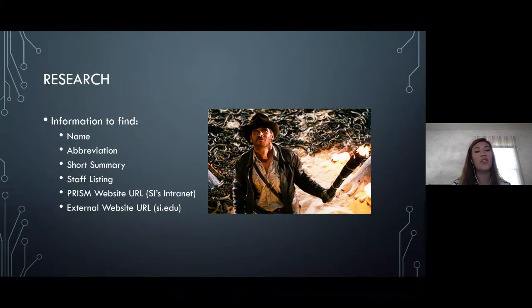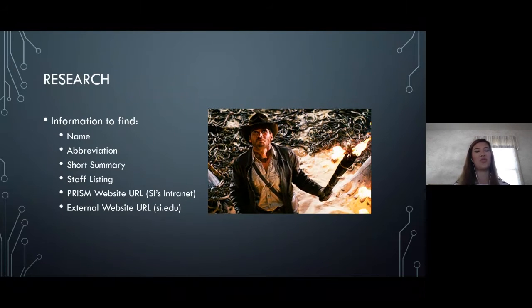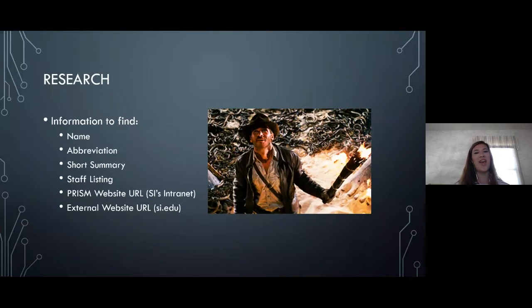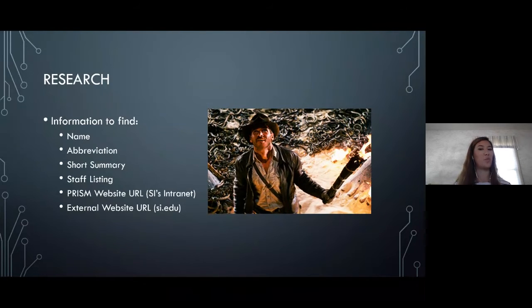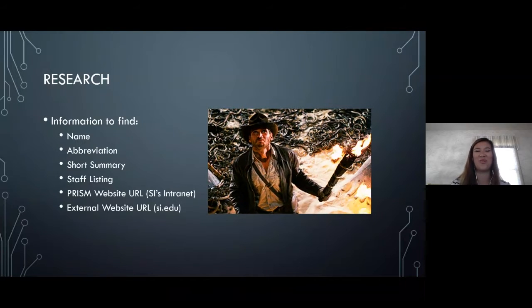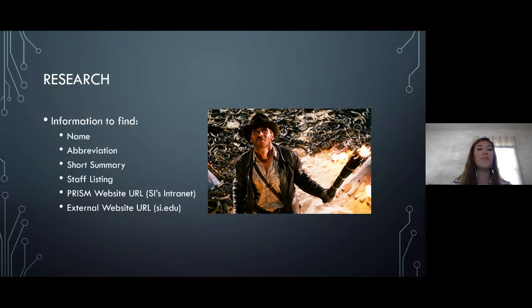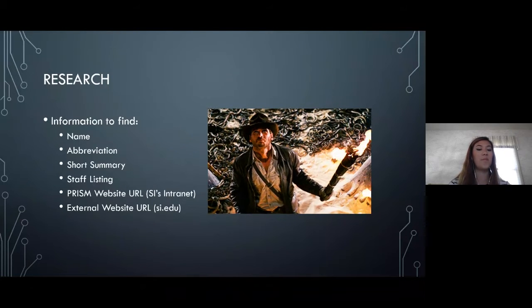So first I started with a lot of research. I was given these attributes to find on each unit, and that's what I was told was priority for getting to know all about a new unit I was unfamiliar with, all in one place. So this included the name of the unit, their abbreviation, because Smithsonian loves their abbreviations, a short summary, their staff listing, which was provided through Smithsonian Institution.